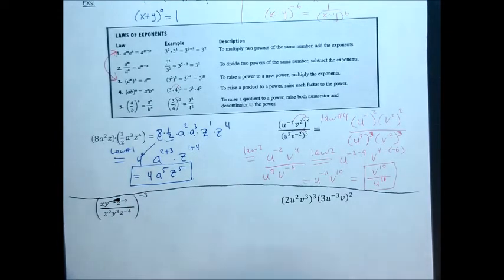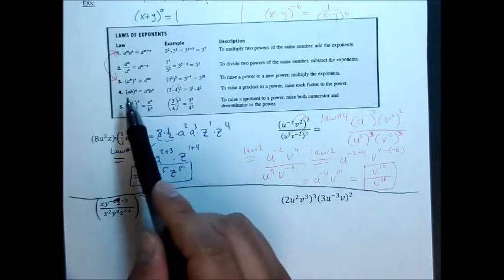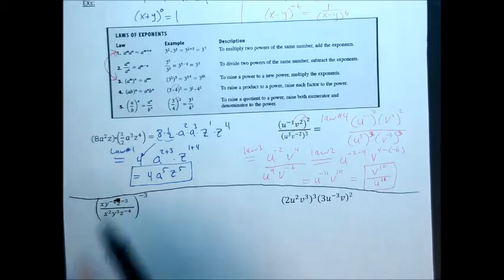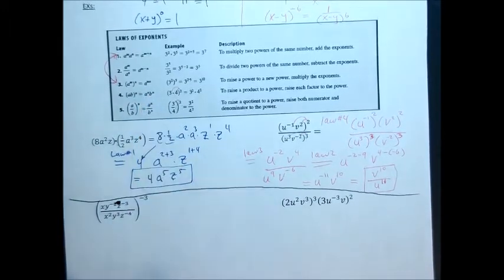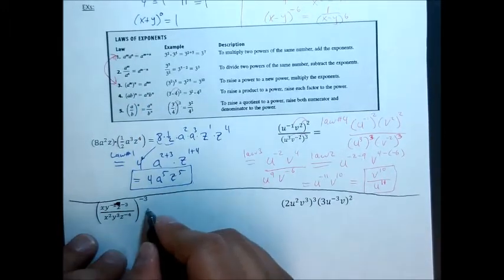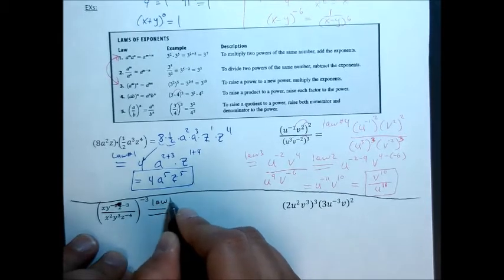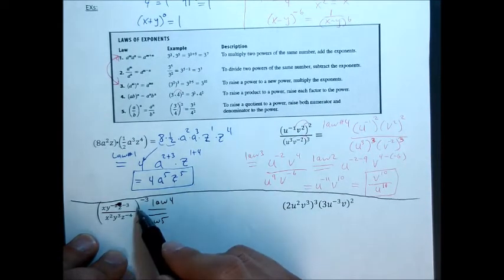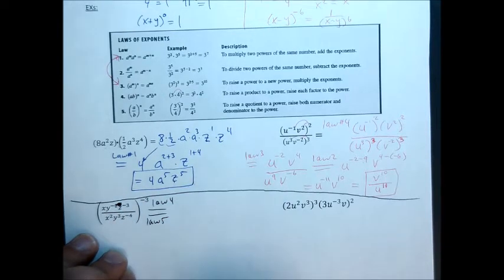And then when we do that, we'll be in the situation where we have law number 4. We have a whole bunch of things inside a parenthesis raised to a power, and then we'll raise them individually. So I'm going to do 2 laws in one. I'm going to use law 4 and law 5 to distribute the power to each individual term.